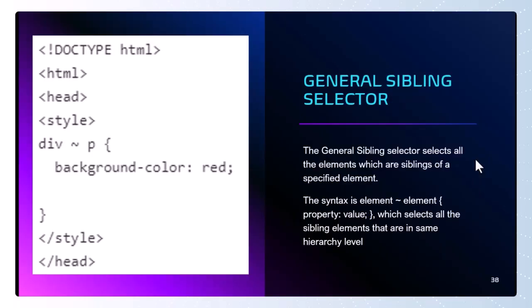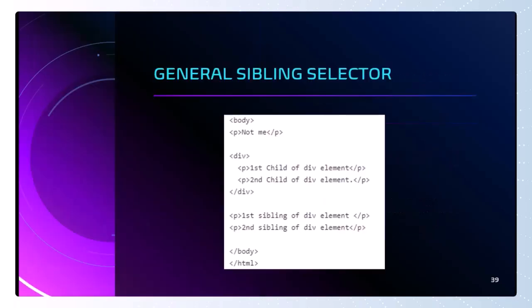The general sibling selector selects all the elements which are siblings of a specified element. The syntax is element tilde element and then the property and the values, and it selects all the sibling elements that are in the same hierarchy level.